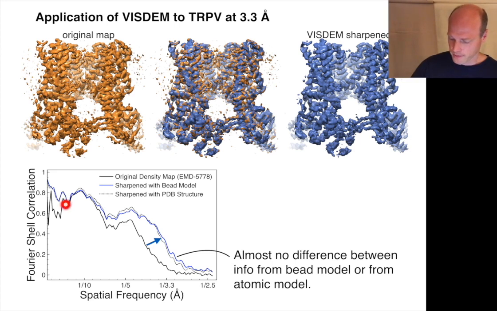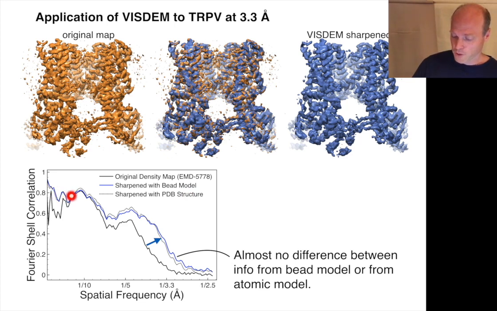The black line is with the original density map. And if we sharpen our map with the known PDB structure, this gives us this curve here, and of course the map looks much closer to the model because we sharpen with the correct atomic structure.